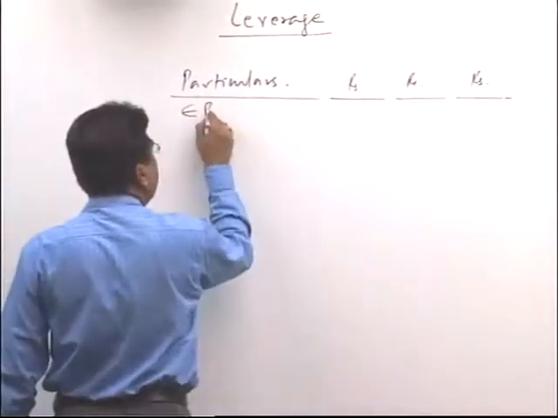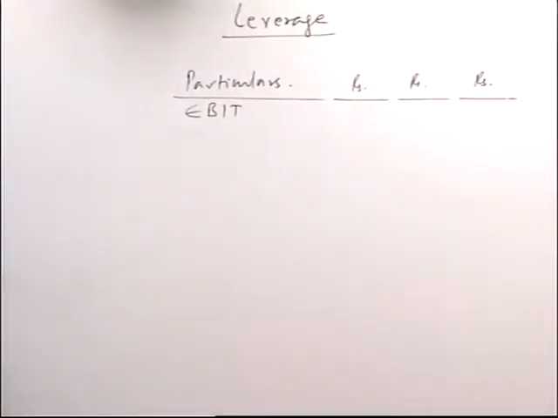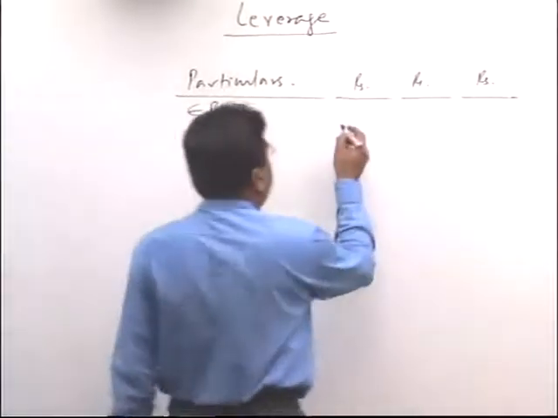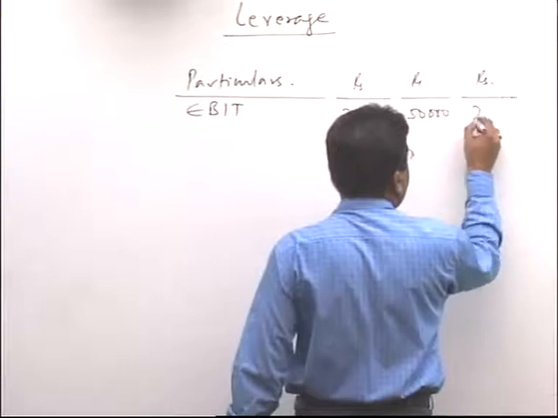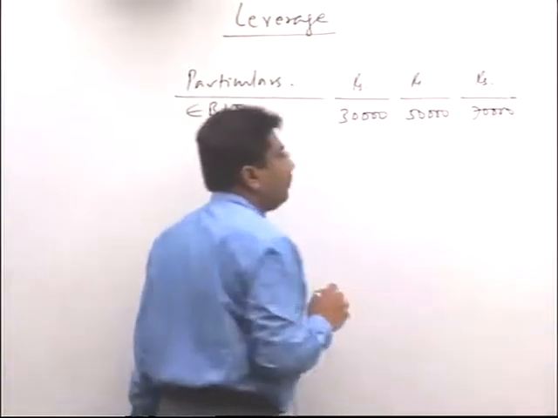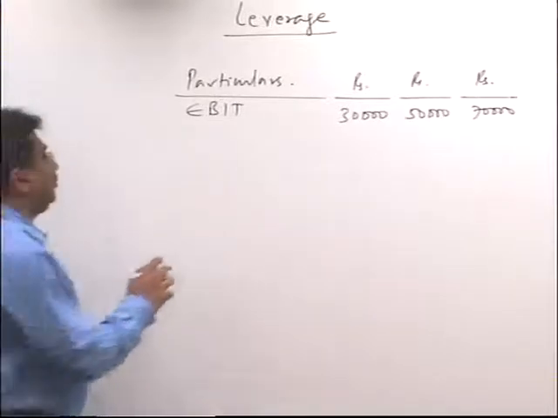First is EBIT. Now, the EBIT levels are 30,000, 50,000 and 70,000. From EBIT, deduct interest I. Debenture interest is 10% and 10% on 1 lakh rupees of debenture comes to 10,000.